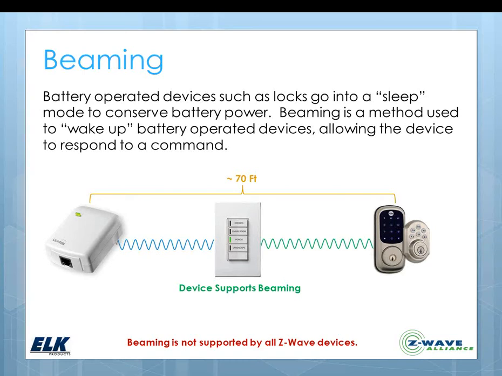So, a little bit of a difficult discussion, but it's the reality, so let's bring it up. Not all Z-Wave devices are equal. Z-Wave has been around since 2001, so it's quite an old technology, and what's happened over the years is that we've introduced many new features to the protocol. And as these features have come out, obviously the newer products can support the newer features and the older products don't support the newer features.